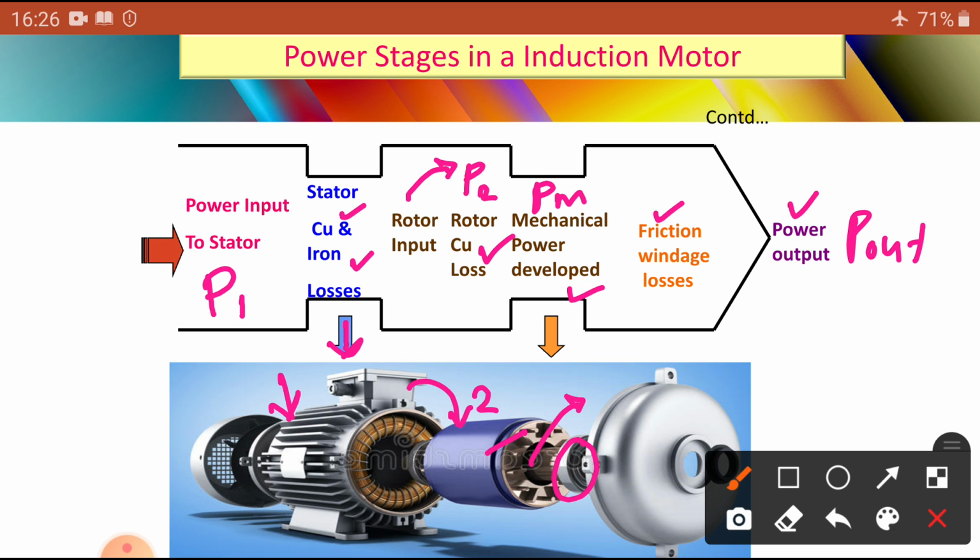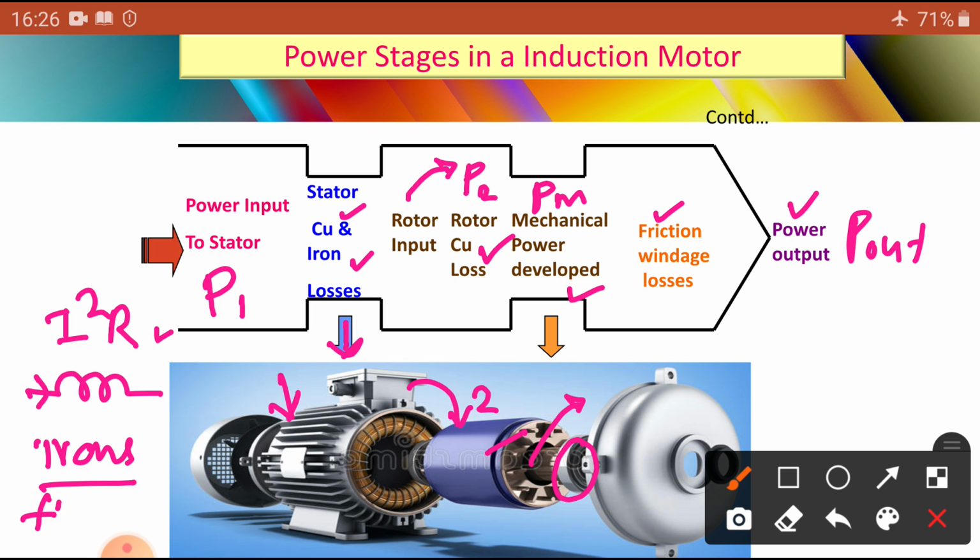What materials are used in motors? You should know, because based on this we can tell what losses may occur. Generally we use winding and iron laminations. When current passes through the winding, I square R copper losses occur, and due to the frequency and voltage, iron losses occur in the iron. In a motor, losses occur on the stator side and rotor side.